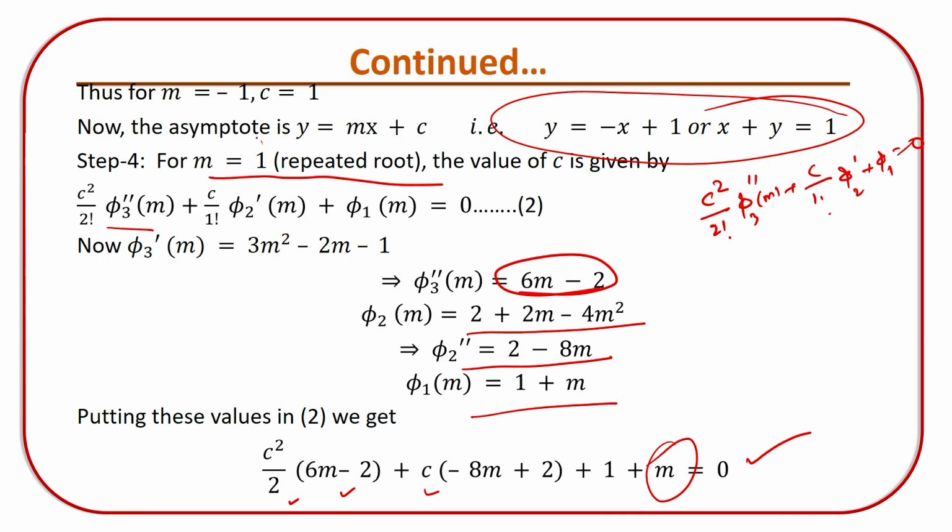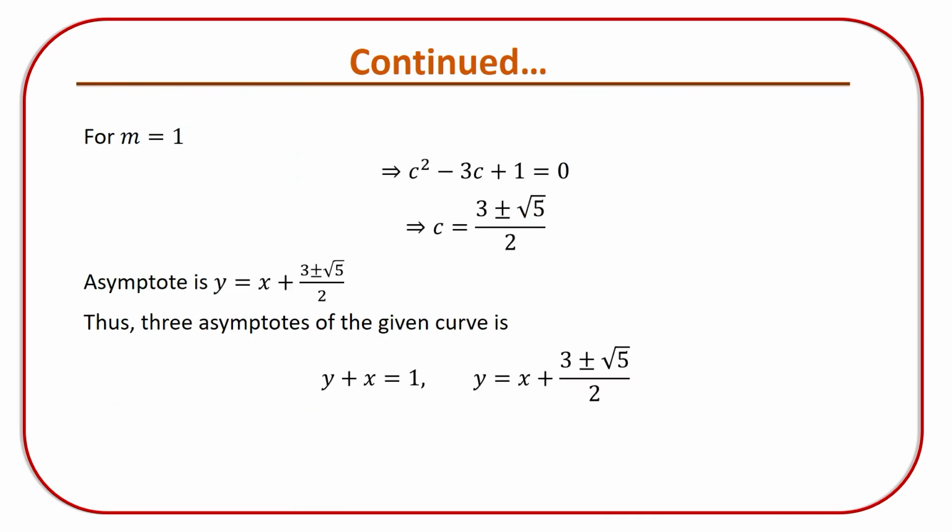And for which m? For m equal to 1 we are looking, right. So, put m equal to 1. This comes out as a quadratic equation in c: c square minus 3c plus 1 equal to 0. Obtain the roots c equal to 3 plus minus square root of 5 divided by 2.